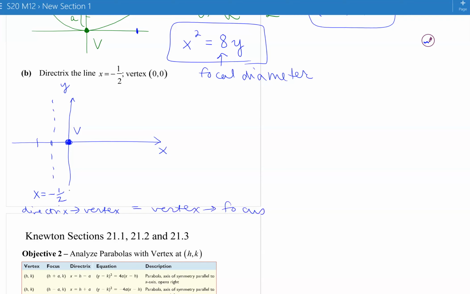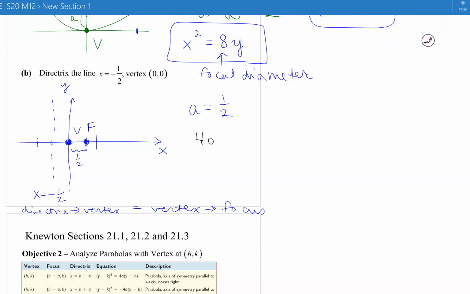So if it's a distance of 1/2 from the vertex to the directrix, then it's a distance of 1/2 from the vertex to the focus. And then I know that a is 1/2 because it is that distance.